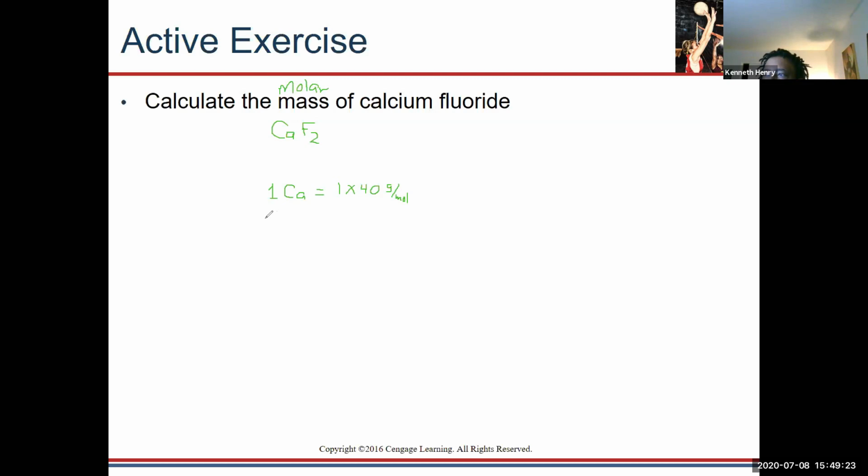How many fluorines do I have? 2. And fluorine weighs 19. So we have 40, and 2 times 19 is 38.